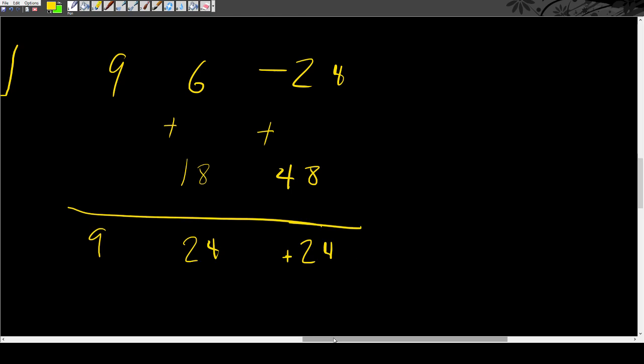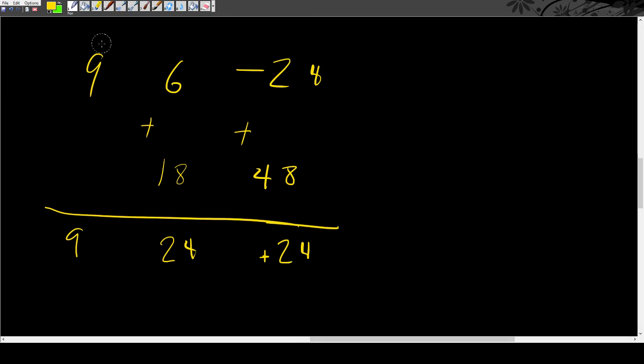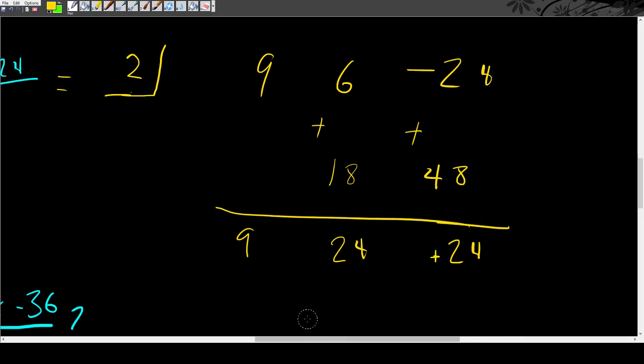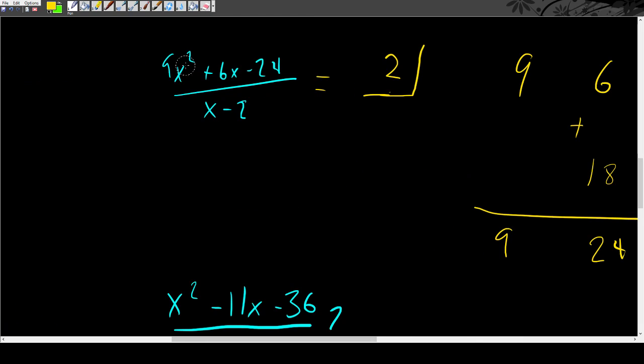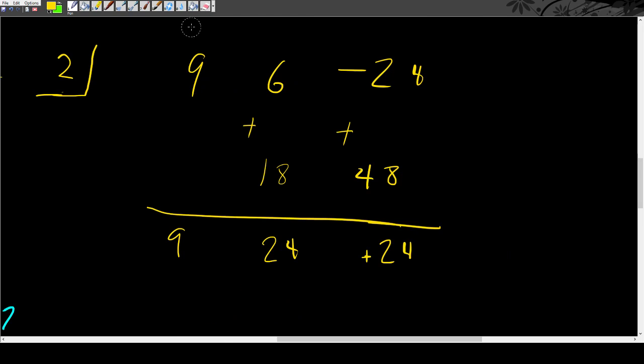Nope, you're basically done. Looking back at the problem, you see how 9 is x squared, 6 is x, and negative 24 is a constant. The way that you do this is you just shift these things over.